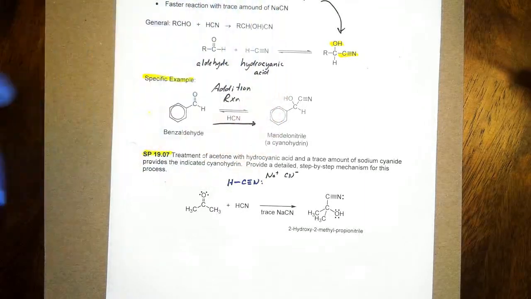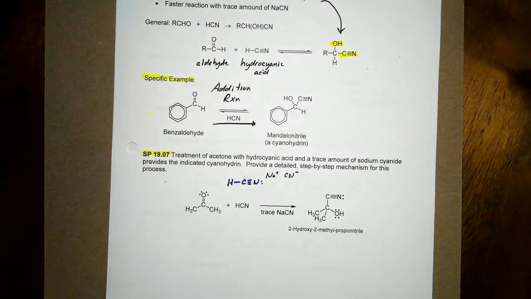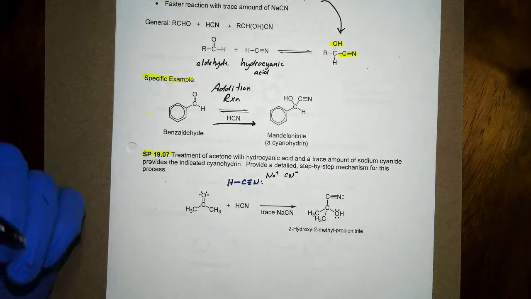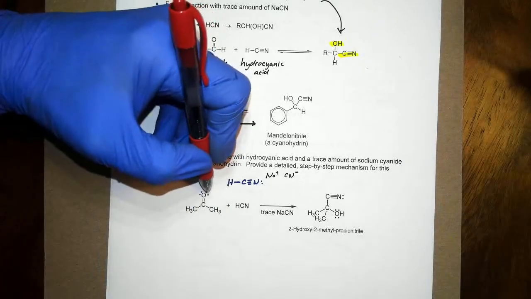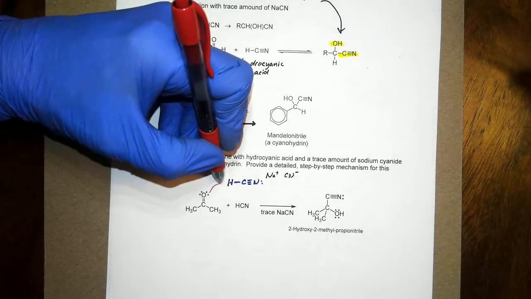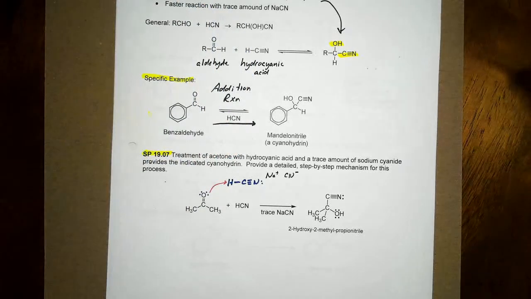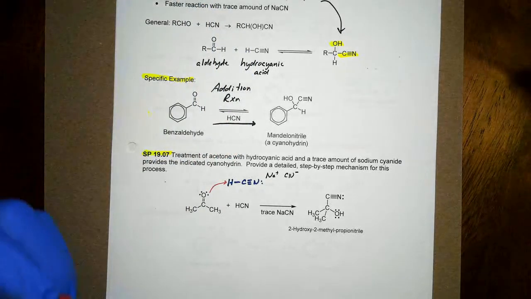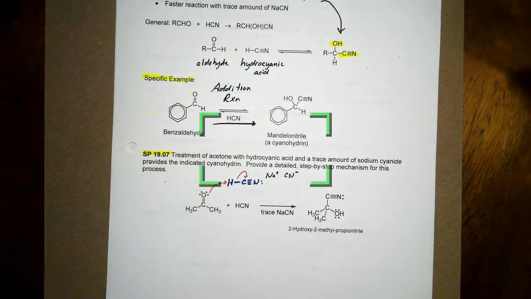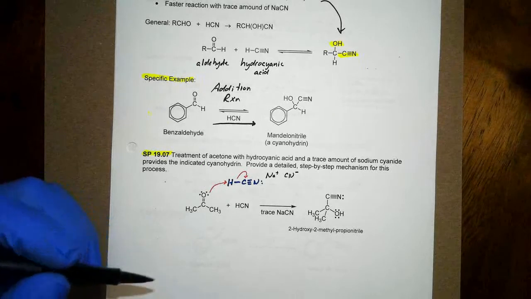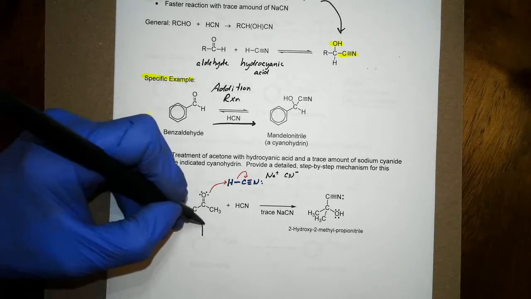We know that acids oftentimes function as catalysts, and the way they do that is by behaving as Bronsted-Lowry acids. So one of the lone pairs will act as a Bronsted-Lowry base and pick up a proton from there. Even though it's a weak acid, it can pick up just enough, and you can have a system established where it's going to keep moving in the direction of products.